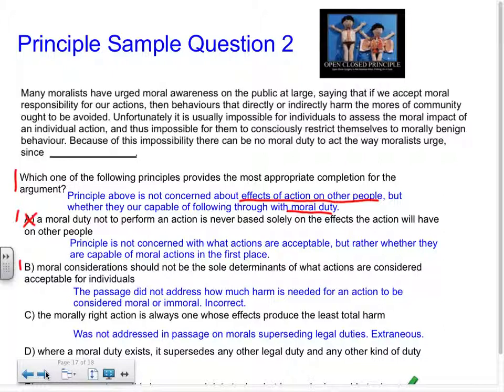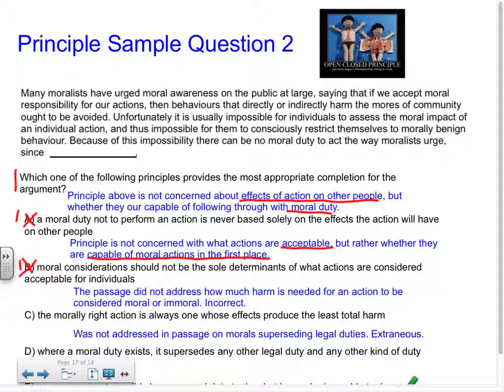So the principle is not concerned with what actions are acceptable, but rather whether they are capable of moral actions in the first place. So B can be eliminated.